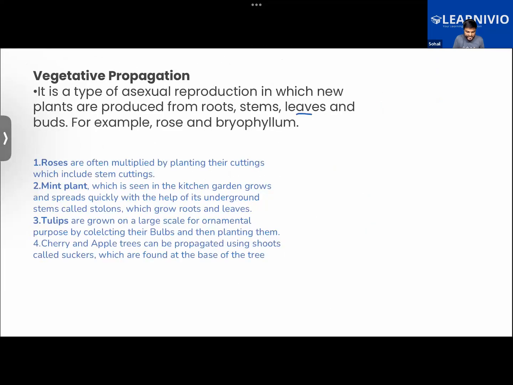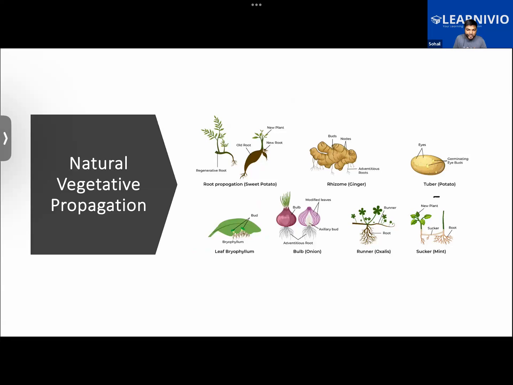All these are the vegetative parts of the plant, like the root, stem, bulb, and the runners, they had the stem in it. The roots, leaves, stems, all these are the vegetative parts of a plant. But through them, some new plants can be grown.